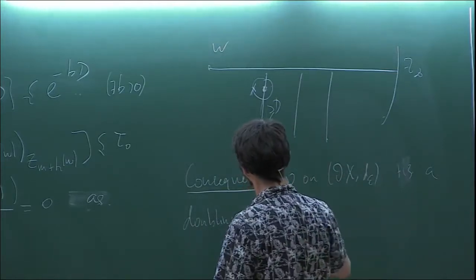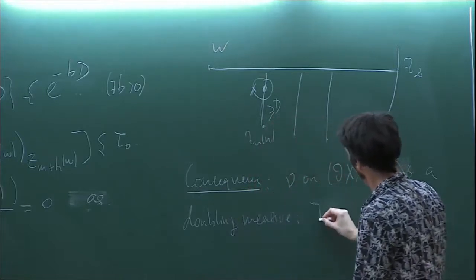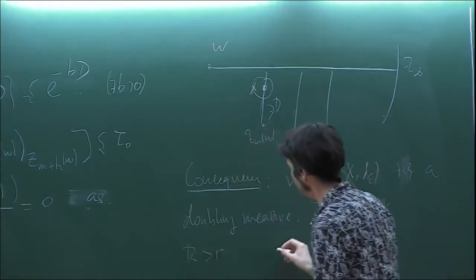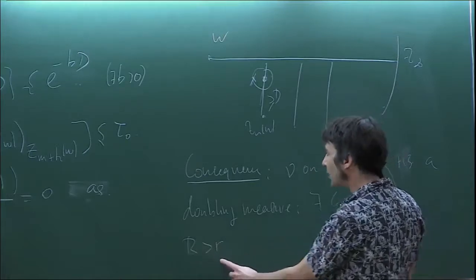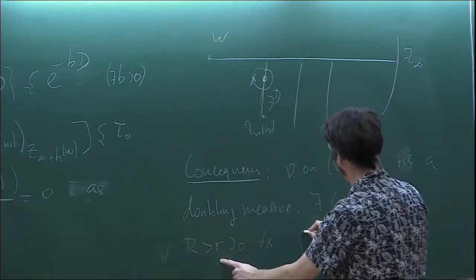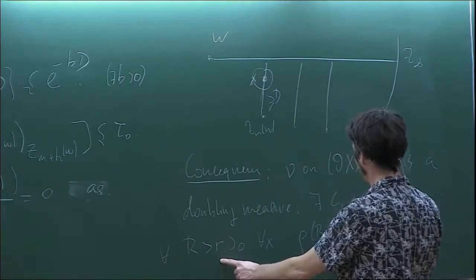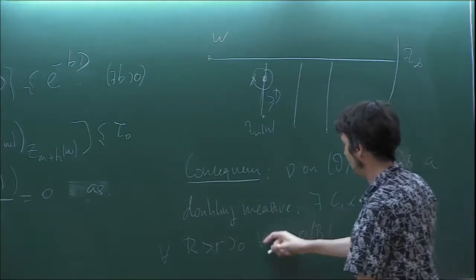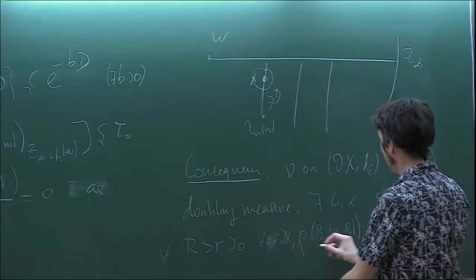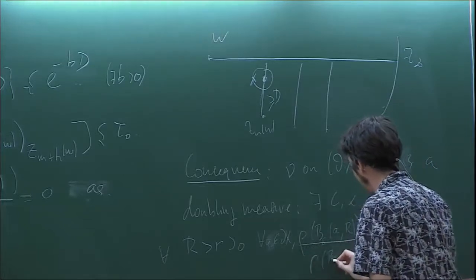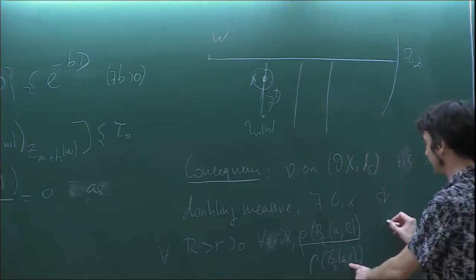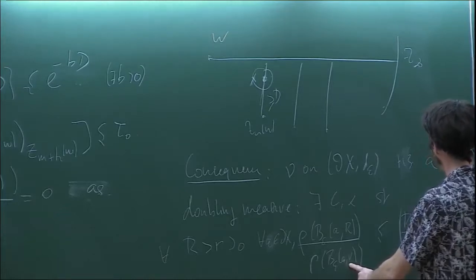Which means that there are constants C and alpha, such that for any capital R bigger than little r, two radii, and for any x, if I look at the ball centered in the visual distance at any A in dx, centered at A of radius capital R, divided by the mass of the same ball at the same point but of radius little r, this is bounded by the ratio of the radii to some power alpha.